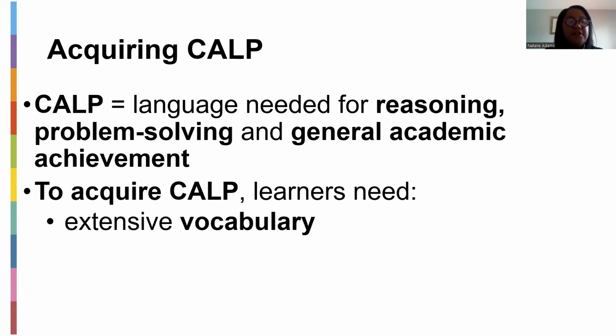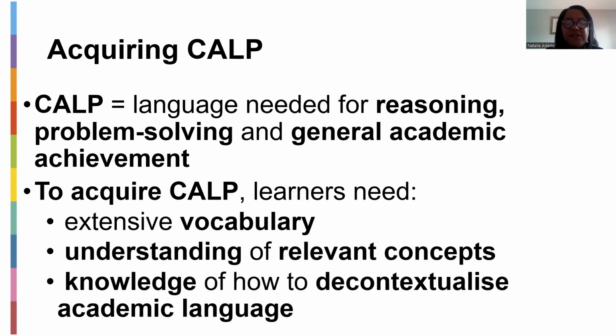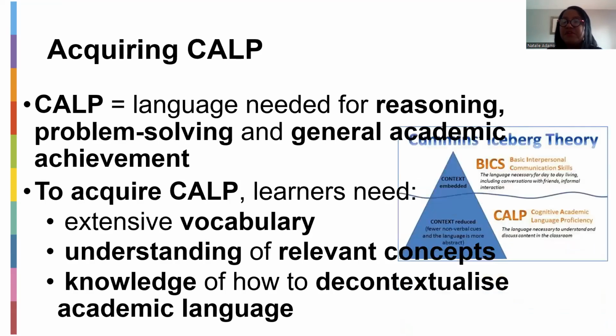Learners need extensive vocabulary. It cannot be the vocabulary that BICS provides. They need a deep understanding of the relevant concepts. And then finally, they need knowledge of how to decontextualize academic language. And that can only happen when you have CALP.